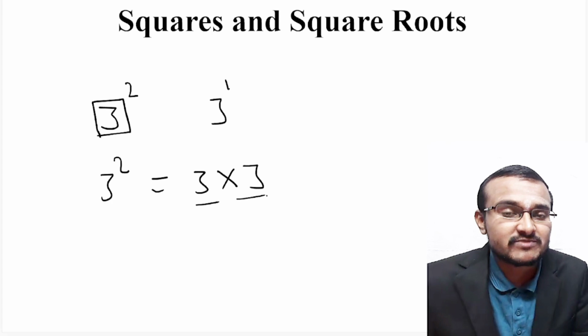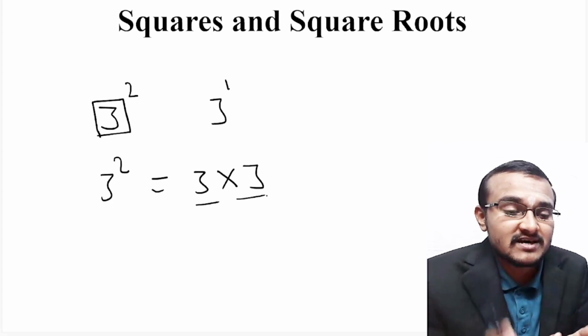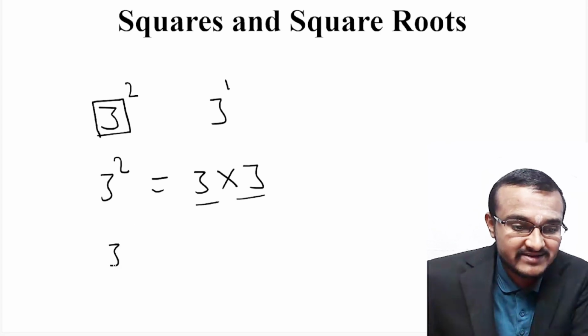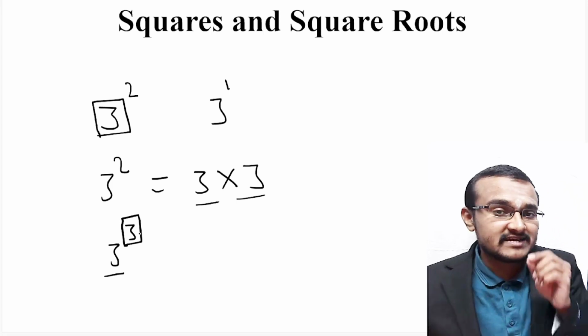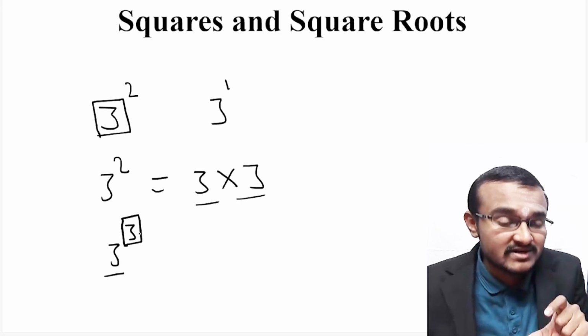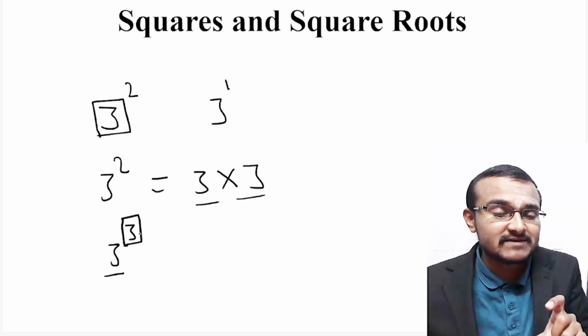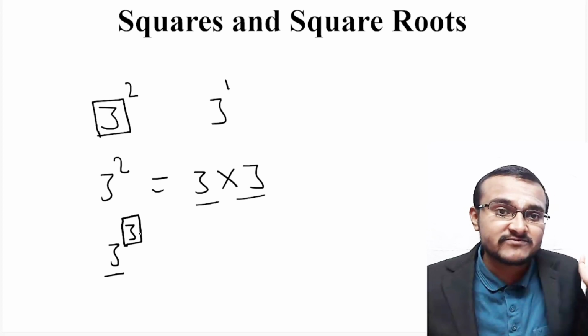Similarly, let's say this is the base and this is the power position. If I take 3 in the power position, that shows the number has power 3, which means that number should be multiplied 3 times with itself.